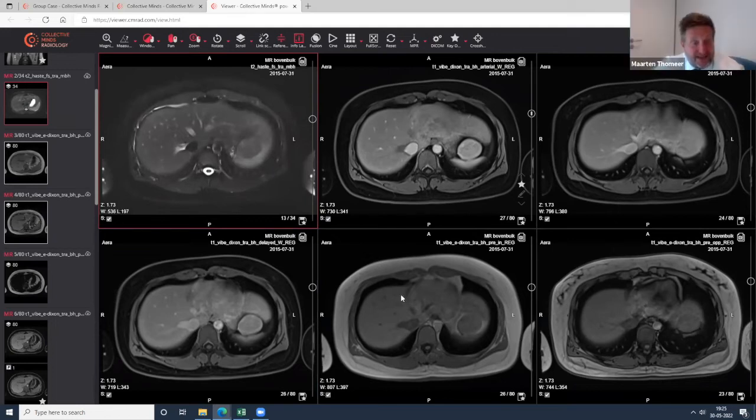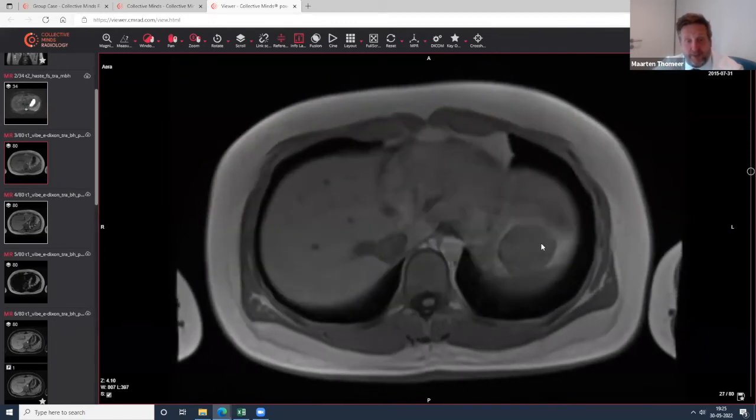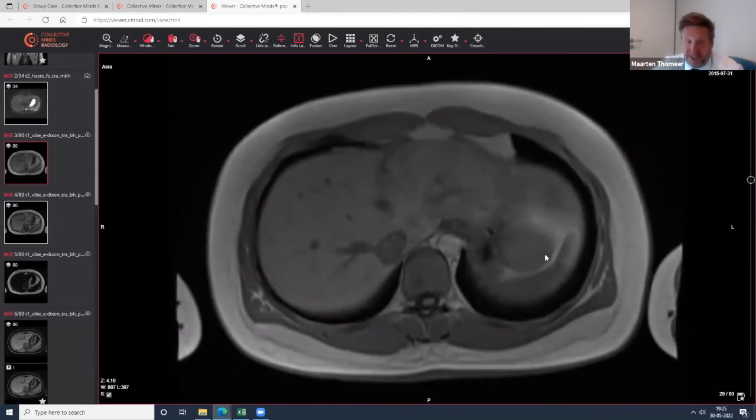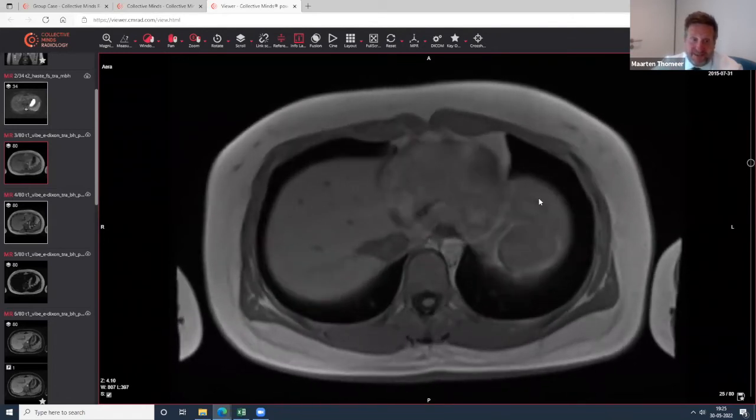I always say it, the in-phase before contrast is so important. Here again, it has the same intensity as the liver, so it contains hepatocytes. So you're sure this is not an extrahepatic tumor like a GIST or a splenic tumor. This is really a liver tumor, which is exophytic.